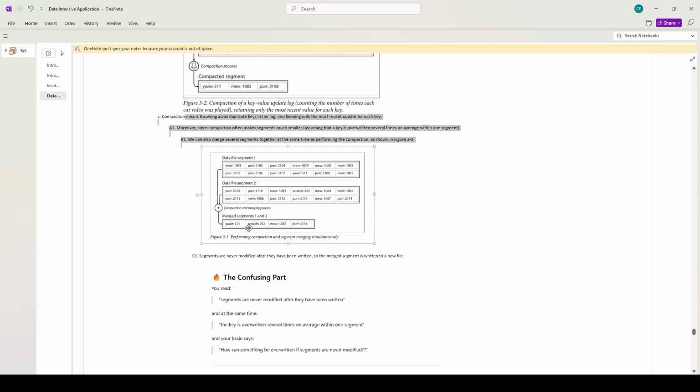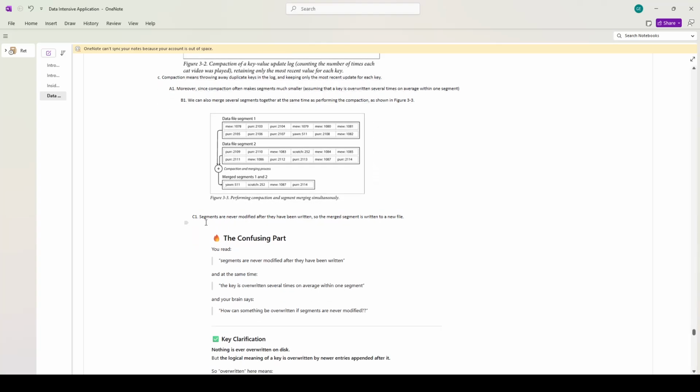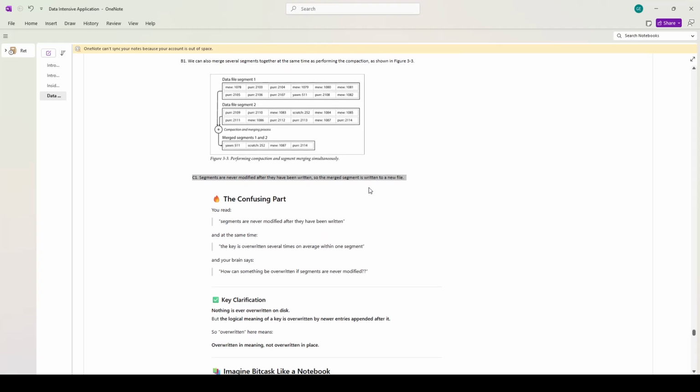For merging, since we have pruned data in a segment, some segments may not have enough data in them, so that's the reason we also merge. And of course, merging still runs using our programming language. Segments are never modified after they have been written, so the merged segment is written to a new file.